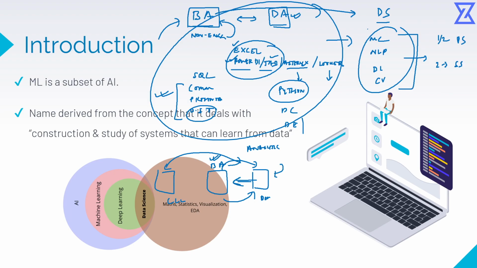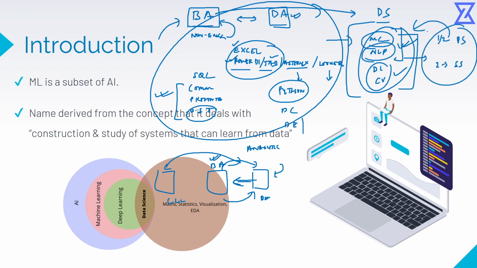That means after you go through this entire boot camp, maybe you think machine learning is something you can focus on, and NLP. So these two will be your primary and these two will be your secondary skill. Accordingly, you have to prepare your resume, right? So this is the thing. And down the line, slowly, once you enter the data science domain, with 2 to 3 years of experience, all of them can be your primary skill.